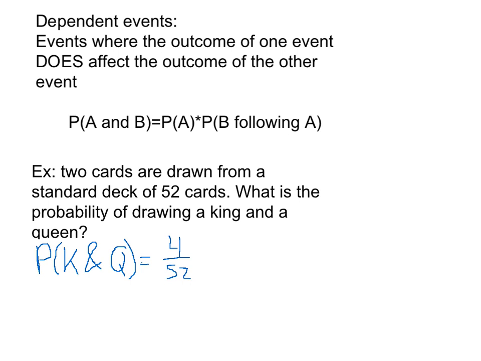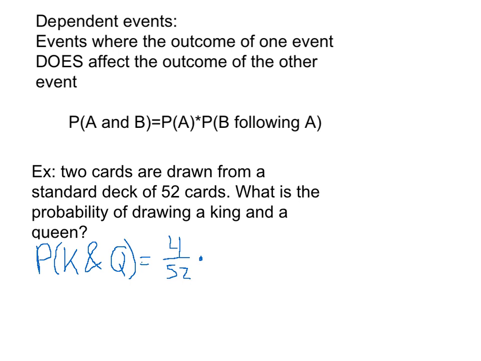Now I also then want to, with my second draw, get a queen. So I need to look at the probability that I get a queen. Now initially you might think, well, there's 52 cards, there's 4 queens, so it's the same. But I've already drawn 1 card.